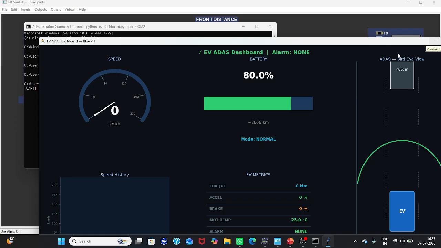The accelerator, brake, and motor temperature are simulated using potentiometers connected to ADC channels. I used STM32CubeIDE for firmware development and a simulation lab for hardware simulation.